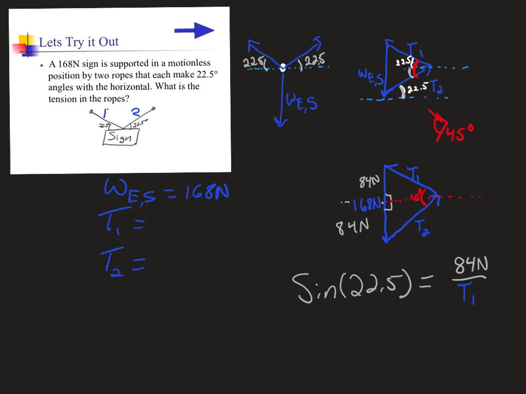Ultimately, T1 is equal to 84 newtons divided by the quantity of the sine of 22.5, which I put in parentheses to make life easier, to give a tension.